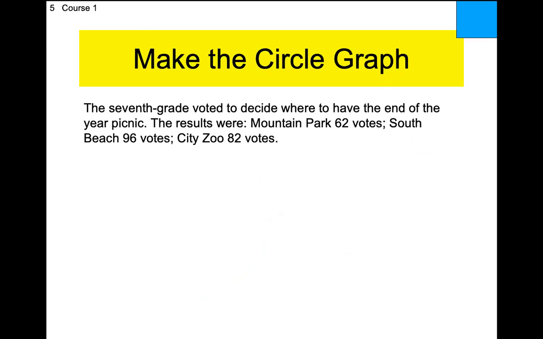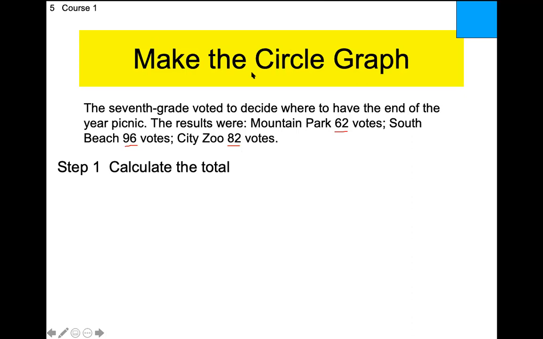The first thing we do, before we make a circle, before we do anything, is calculate those degrees that we just did on the previous one. Step 1 is to calculate the total. There are 3 numbers, 62, 96, and 82.